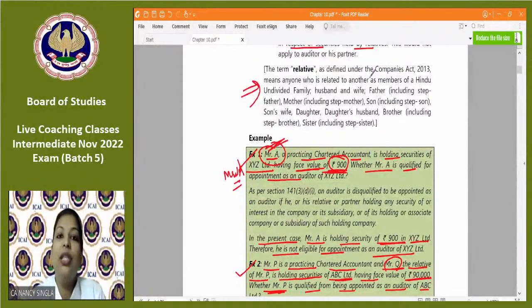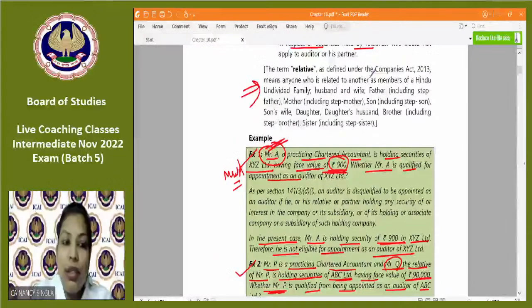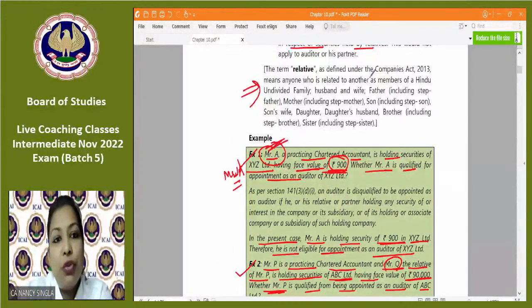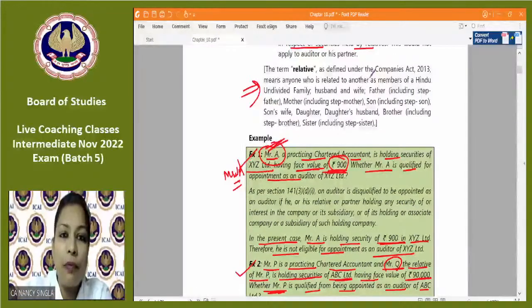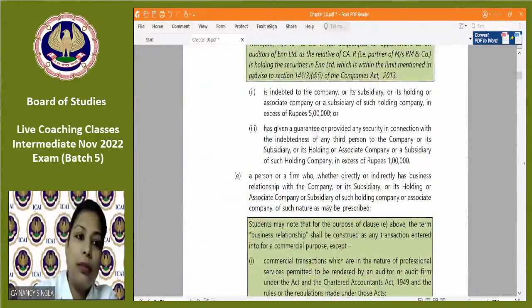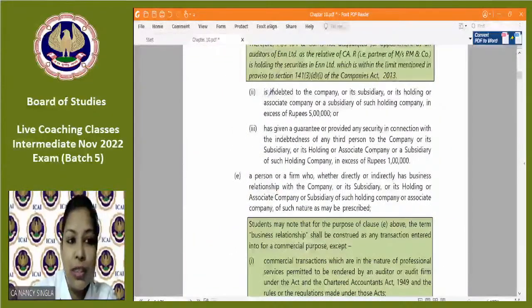You may get a question that the partner of the proposed auditor has securities worth rupees 1,10,000 and within 30 days he has sold all those securities. ठीक है. But you all know that at that point he cannot be appointed. Why? Because even a small value security is not permitted with respect to the auditor or the partner himself. ठीक है.